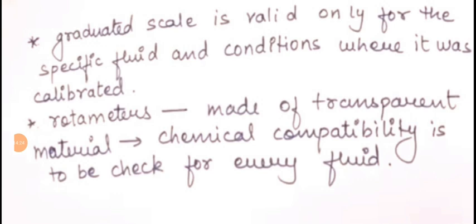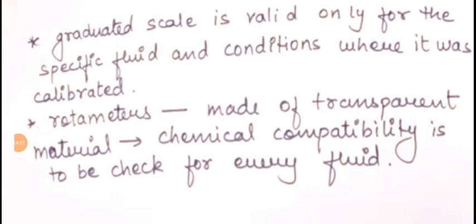Another disadvantage of rotameters is that they are made of transparent material. Here a transparent glass is used for the graduated scale.